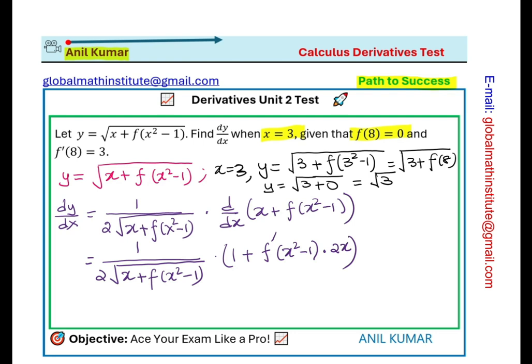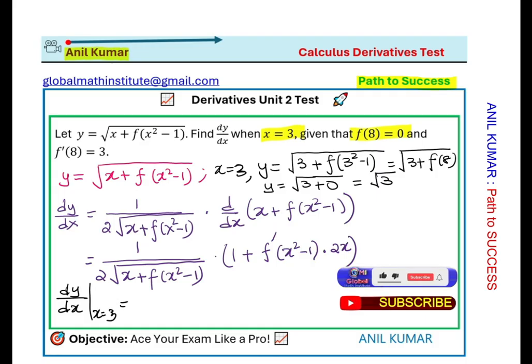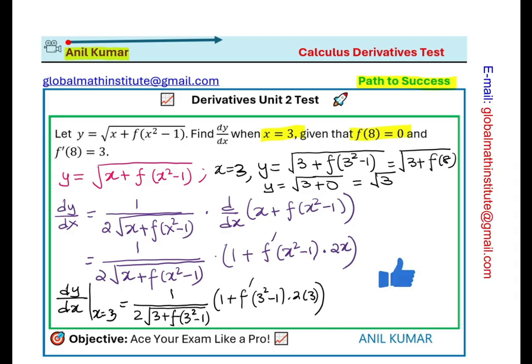Now we need to find this dy/dx at x equals 3. So let's substitute. So we get 1 over 2 square root 3 plus f of, this is 8, right? We just saw it, correct.